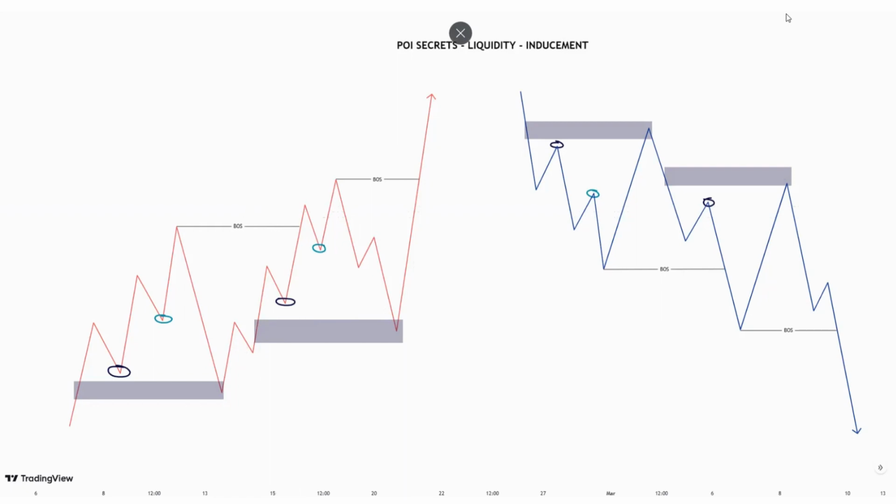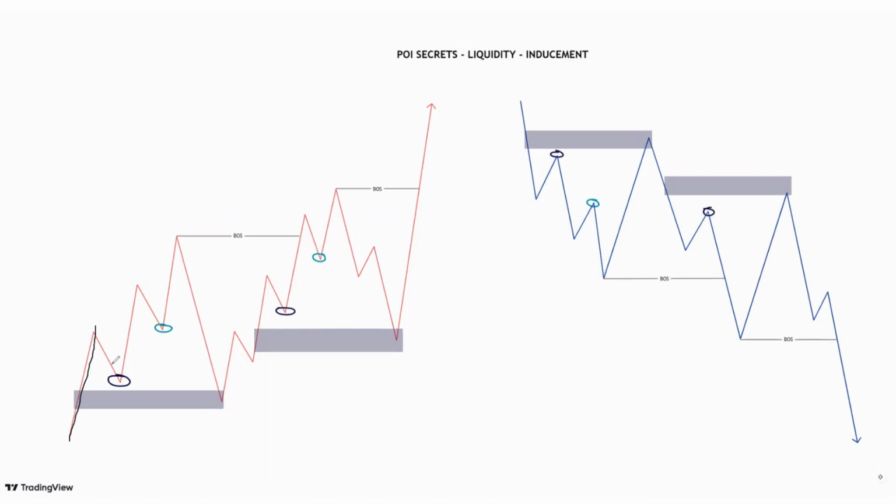Let's start with this. What we see here is that the overall movement of the price is bullish. We have this small pullback, a second pullback, then the price dropped all the way, then it pushed again.